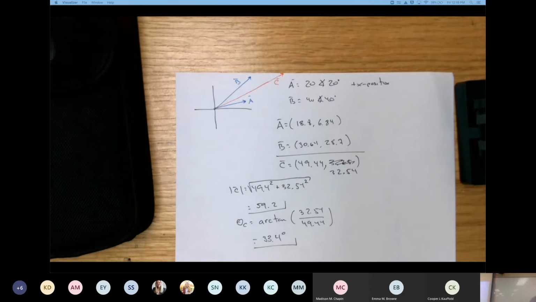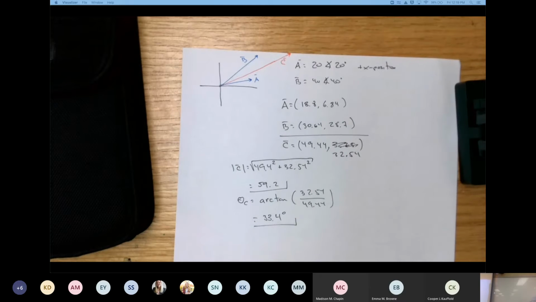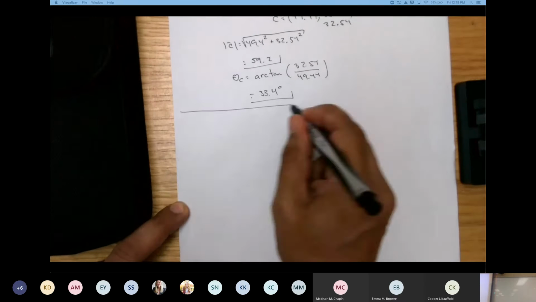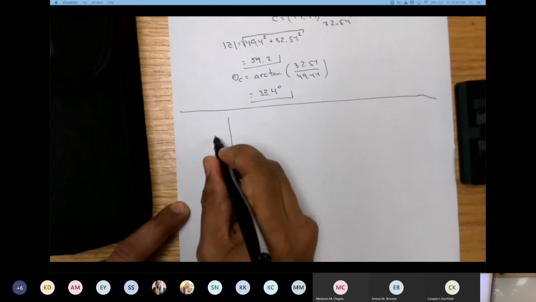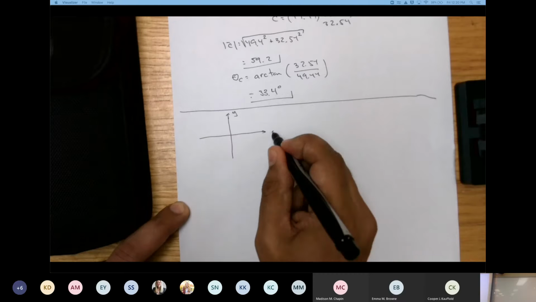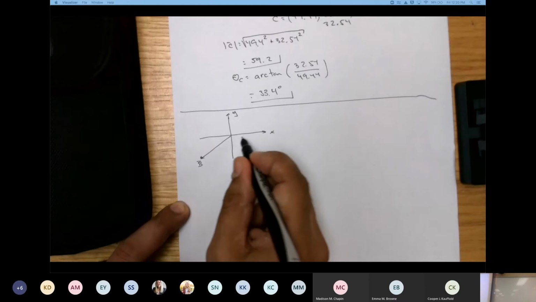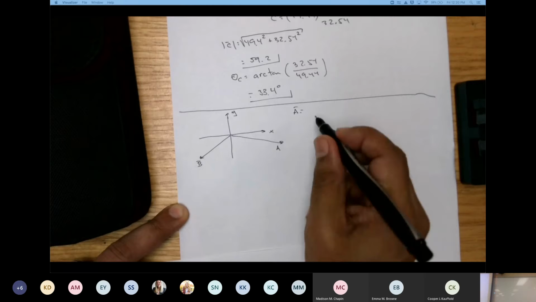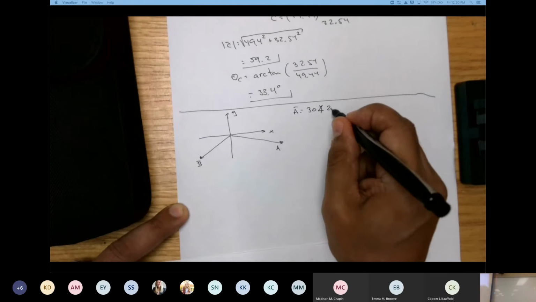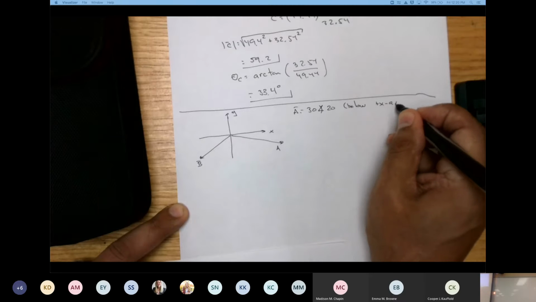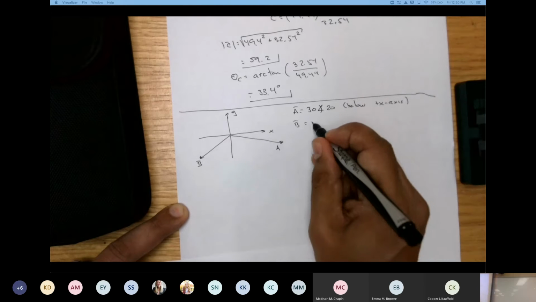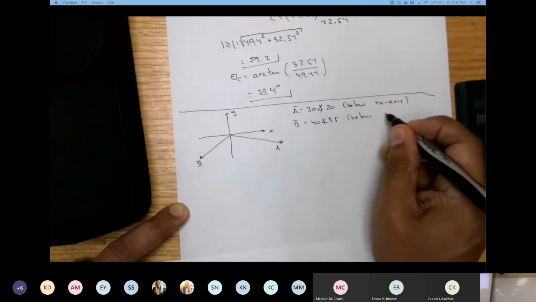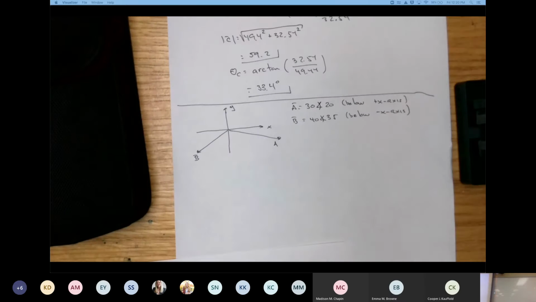Okay, so those are the two vectors. We have vector A and vector B. Vector A has a magnitude of 30 at an angle of 20 degrees.